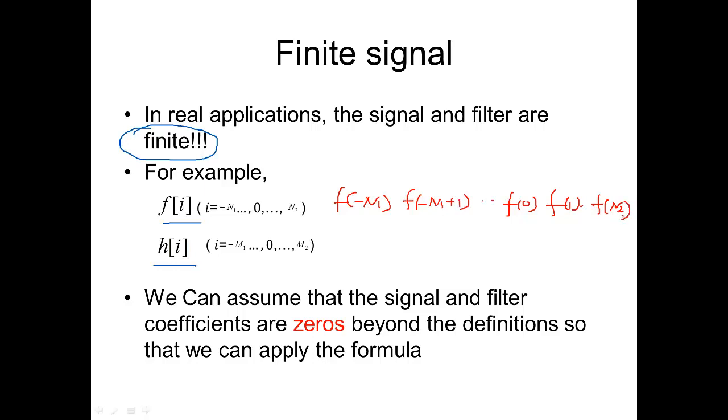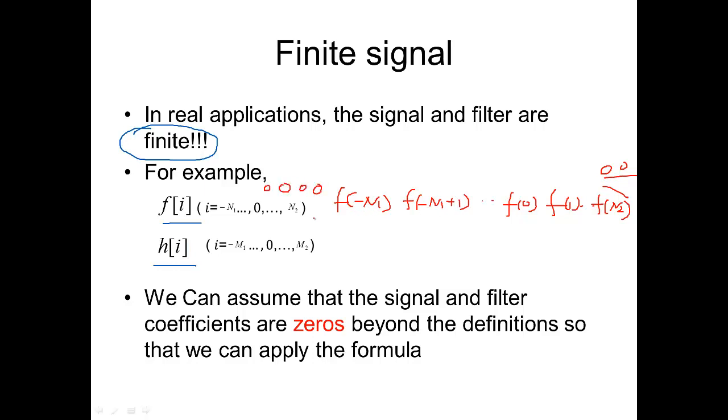After n2 plus 1 it is still there, the only thing is we assume that they are 0. You can say it's 0 after that one, and before negative n1 we also say the f value is 0.